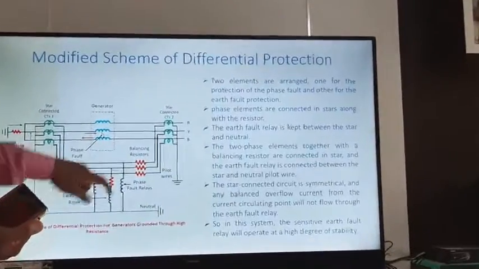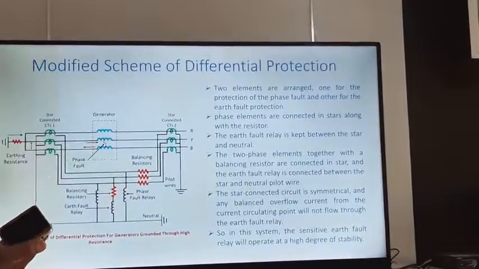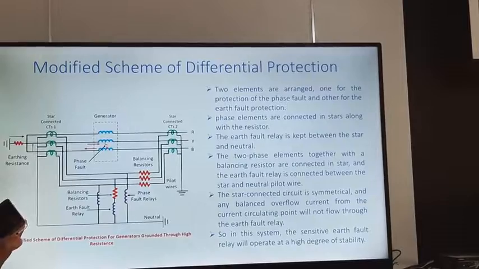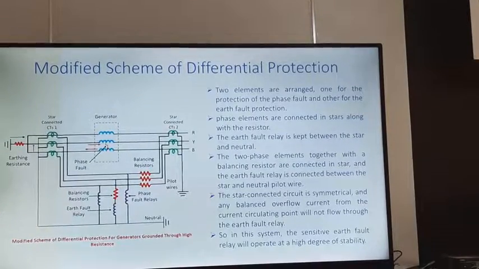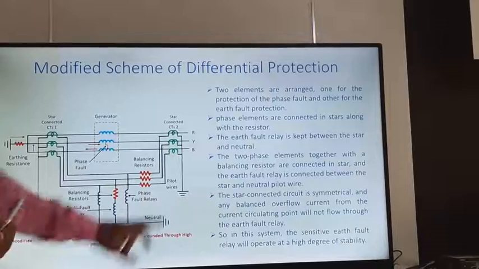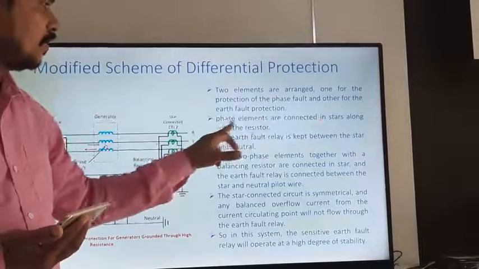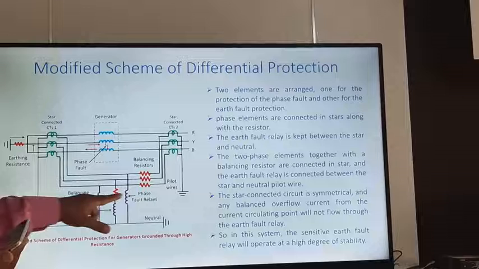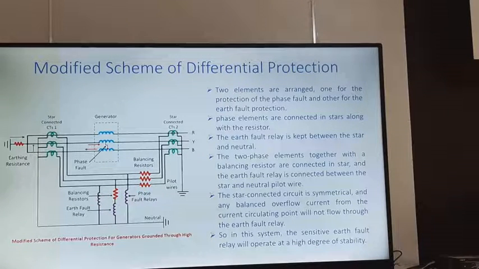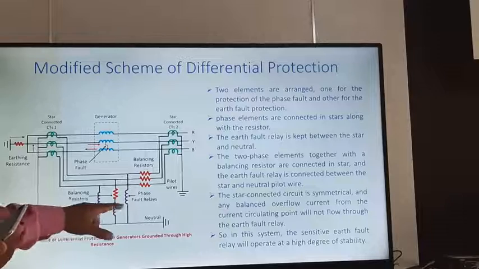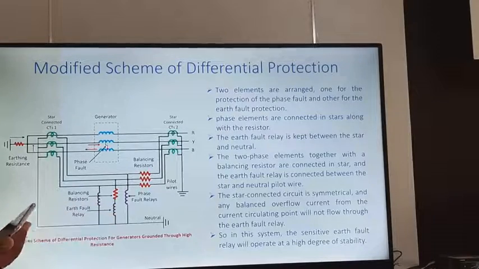Another balancing resistor is also connected. So two elements are arranged, one for protection of phase fault and another for earth fault protection. The phase elements are connected in star along with the resistor. The earth fault relay is kept between the star point and the neutral. This is the earth fault relay coil.